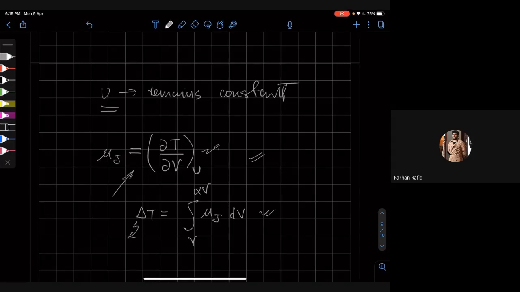They're well defined at the beginning and at the end, but not in the middle. So calculating the temperature change using this formula for the Joule expansion doesn't seem correct at first.